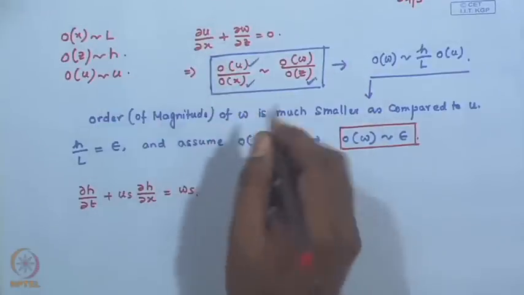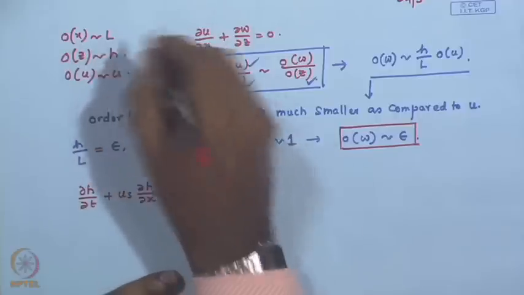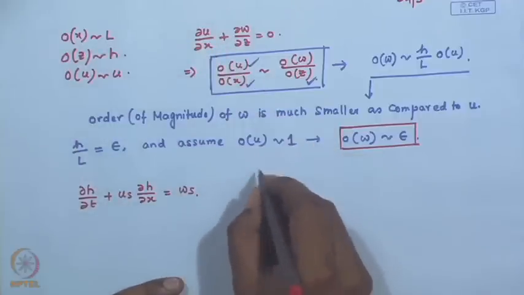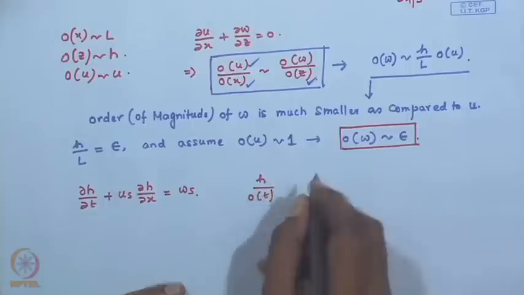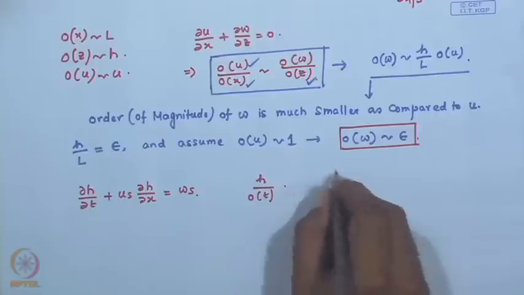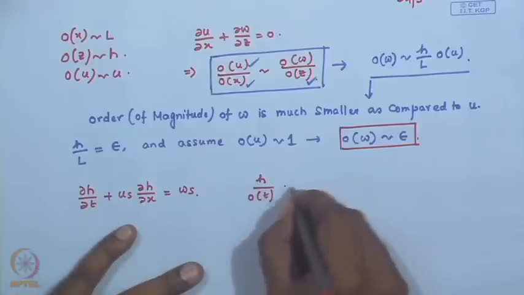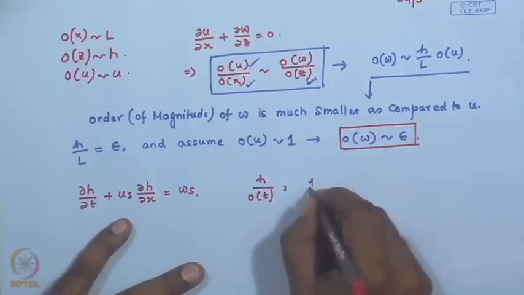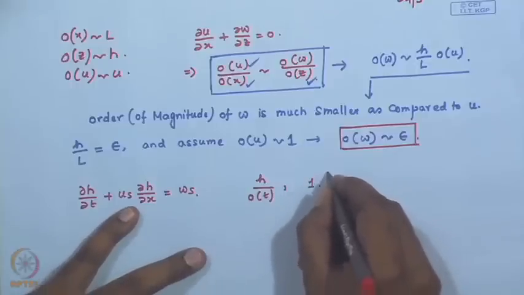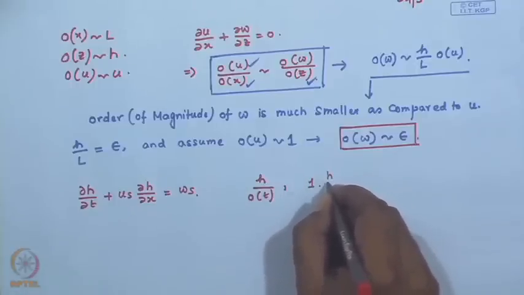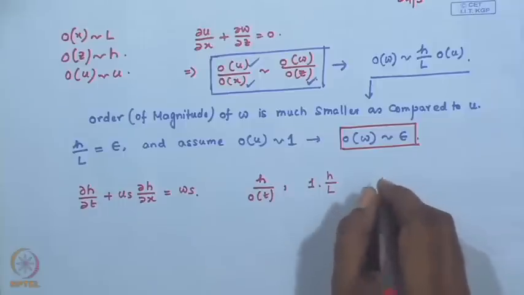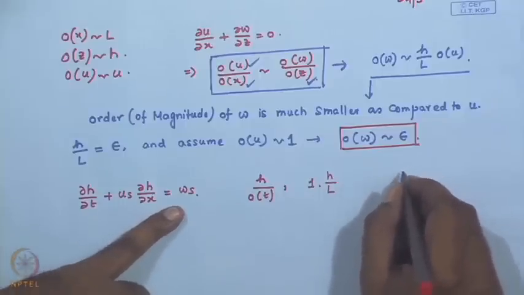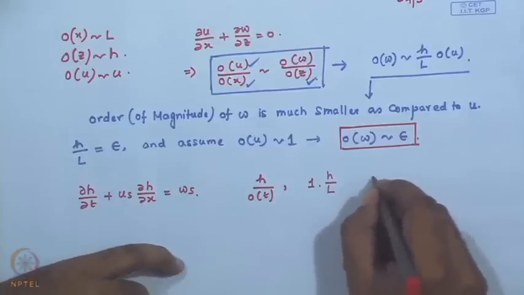So, the first term is h by order of t, the second one, order of u is of the order of 1, so second term is 1 times h by L, and w is also of the order of epsilon or h by L.